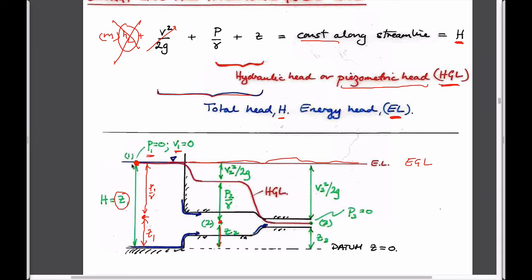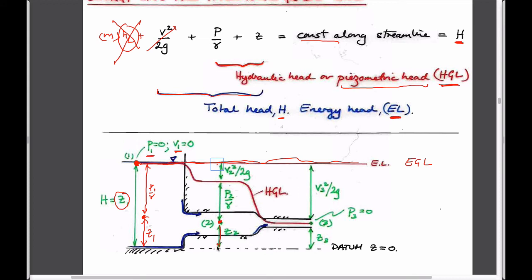The elevation of this line as you go across the system has to remain constant as you go down a streamline. If you take a streamline from this point here and have it go through the system, then at this point you know that it's no longer traveling at 0 velocity, it's traveling at some finite velocity. So now there has to be a portion which relates to this.